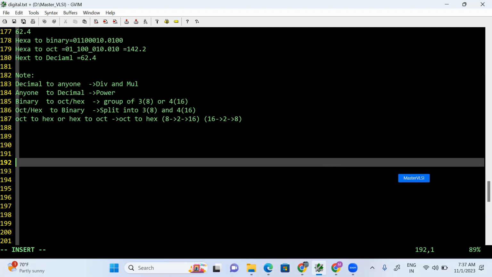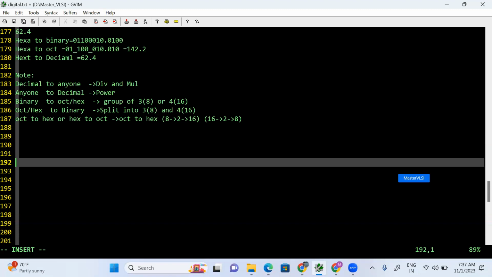Okay. See, last time. Octa to decimal, what rule? Any one to decimal. You need to think like any one to decimal is telling power. Next, decimal to octa, division or multiplication.